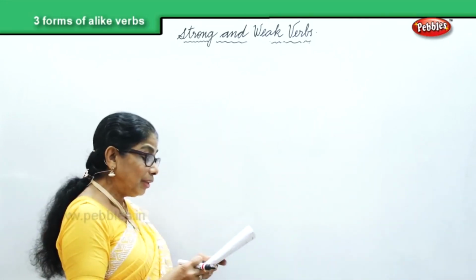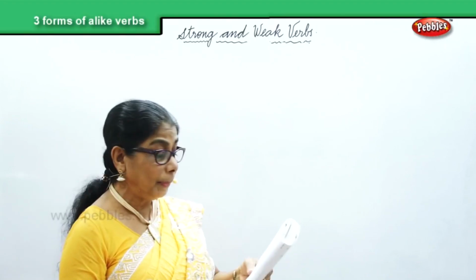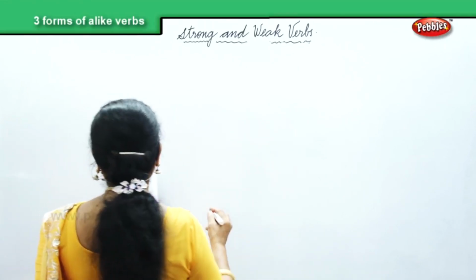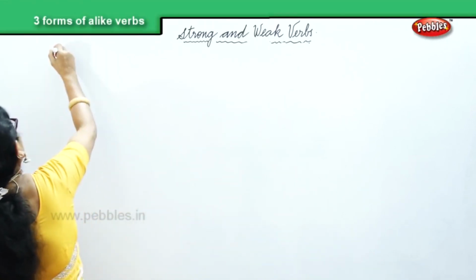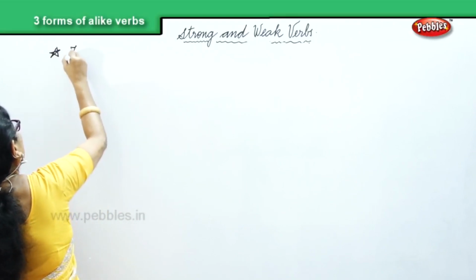Now, we are going to do verbs that have three forms, present, past and past participle, alike.